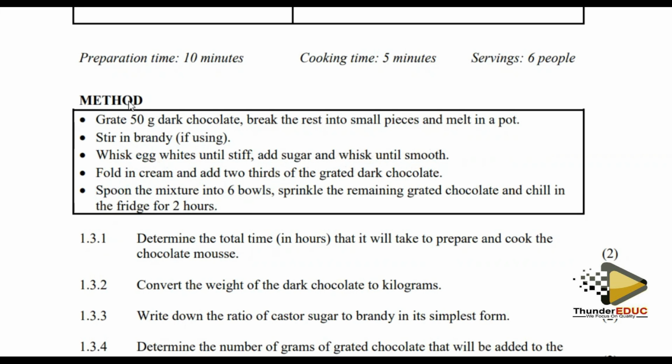So here we've seen the 2 hours plus 5 minutes plus the 10 minutes. In other words, it's 2 hours and 15 minutes. But the question says time in hours, so you divide the 15 minutes to change it to hours, which will become 2.25 hours.